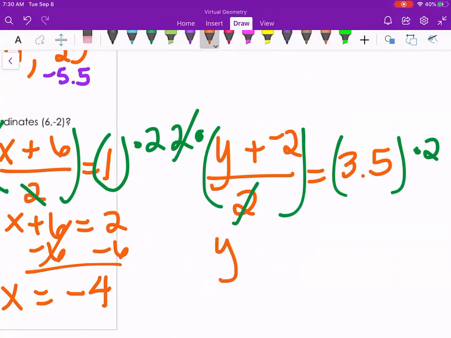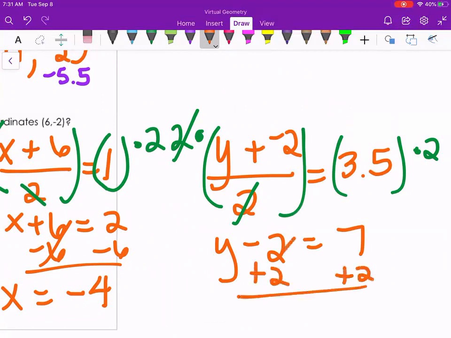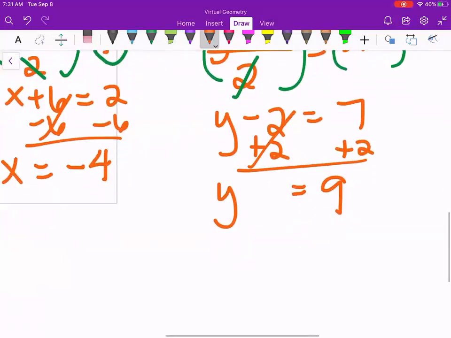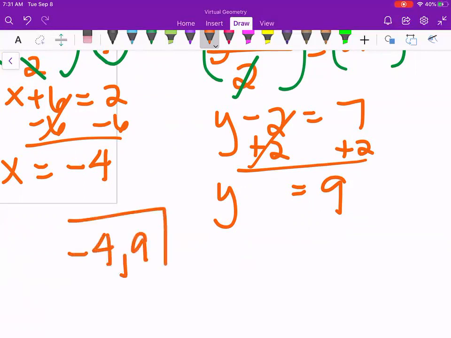Now, anytime we have plus a negative, remember that's the same as a minus. So I'm going to go ahead and write -2 here. And 3.5 times 2 gives me a 7. Now we can add that 2 back. And my missing y coordinate is a 9. Now I know where my other endpoint is going to be at, which is -4, 9.